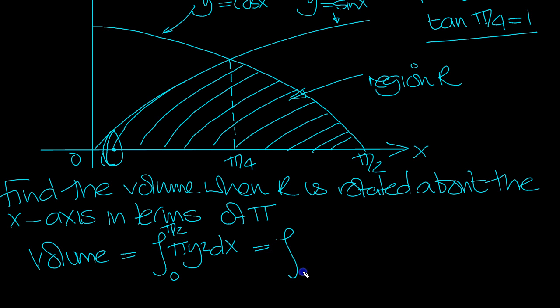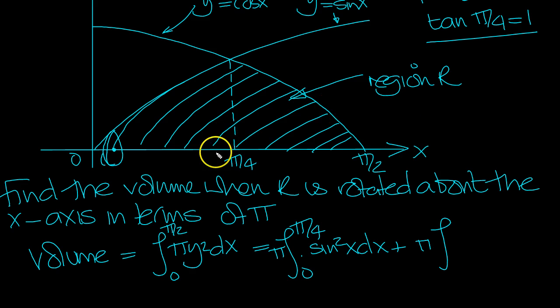Which is equal to the integral between 0 and pi over 4 of pi y squared then. On this side it will be sine, so that will be sine squared. Plus pi lots of, and the second part of the integral will be from pi over 4 to pi over 2.